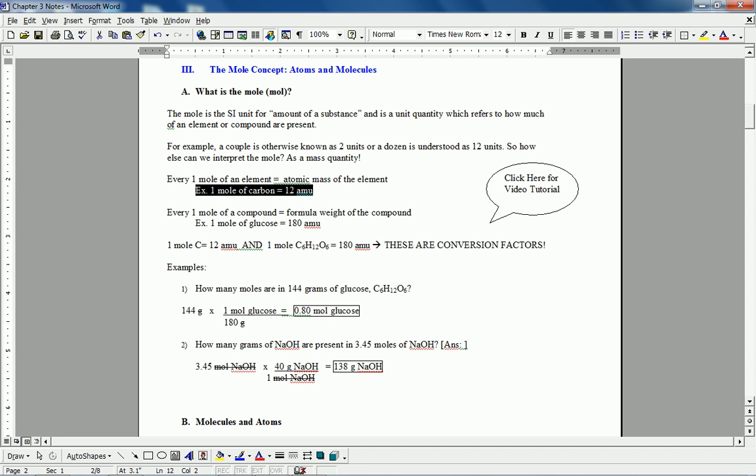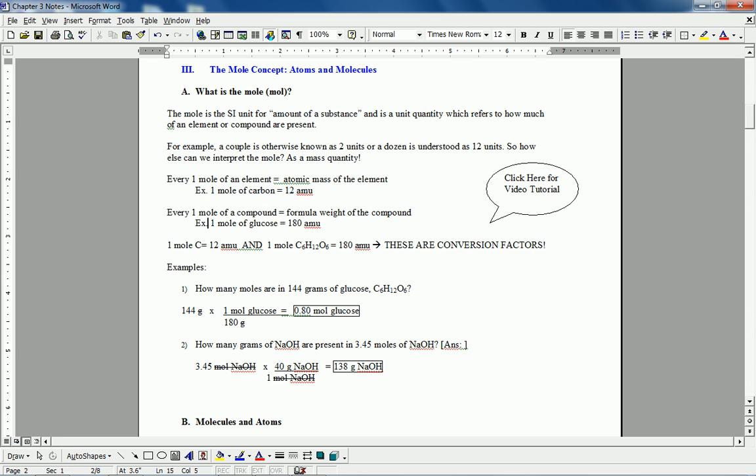Now, for a compound, which of course is 2 or more elements chemically combined, the equivalency is every 1 mole of a compound equals the molecular weight of the compound, or the formula weight. So the mass of the entire compound is equal to 1 unit of that compound.